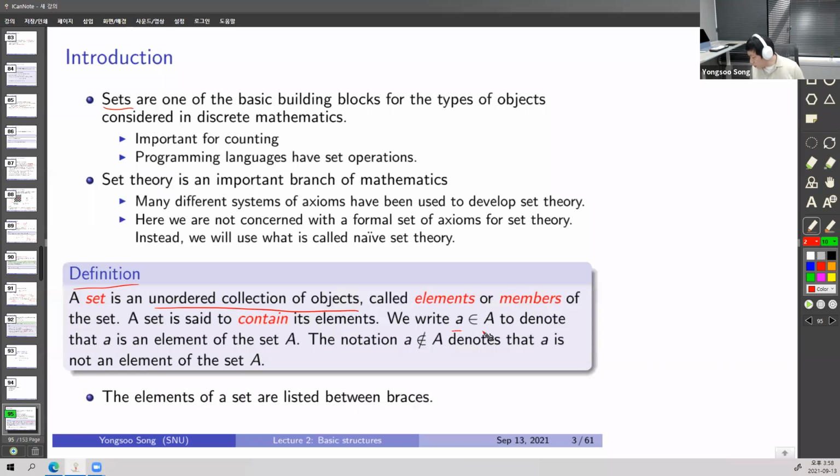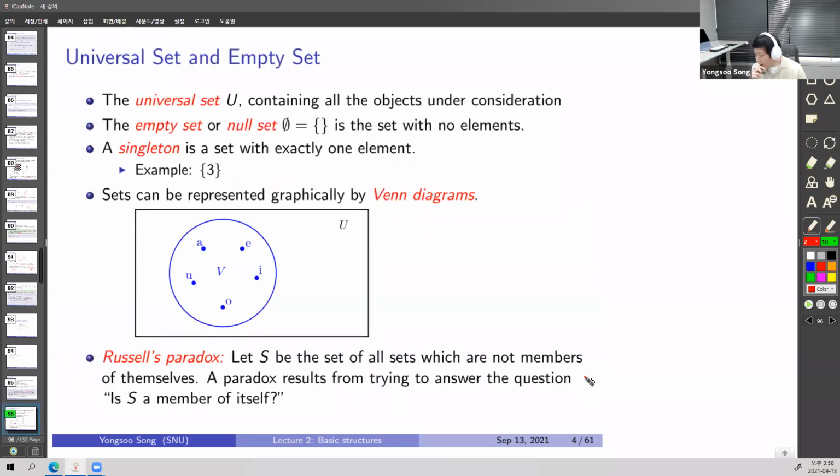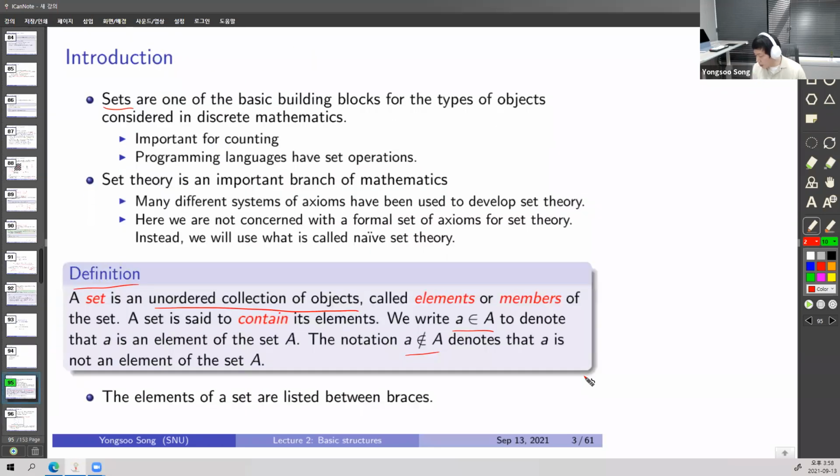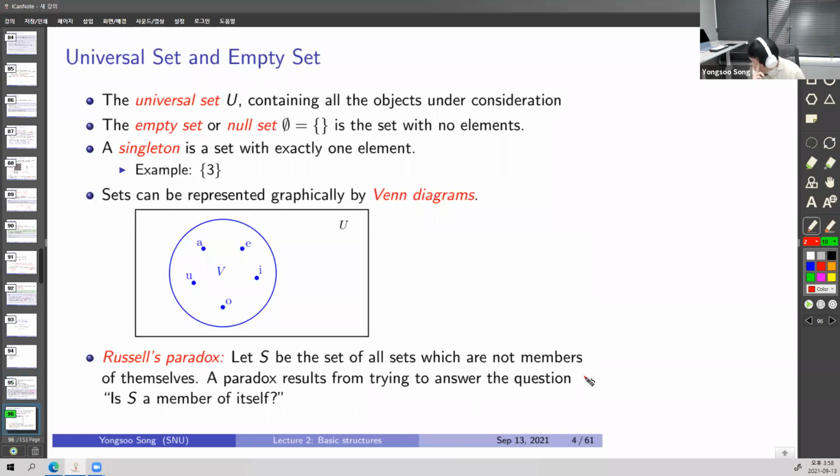And we use this notation to denote that an element a is contained in the set A. And this is the negation of this proposition. The elements of a set are usually listed between braces, like this. I'll show you some examples. Recall that when we studied universal quantifiers and existential quantifiers, it was very important to determine the domain.